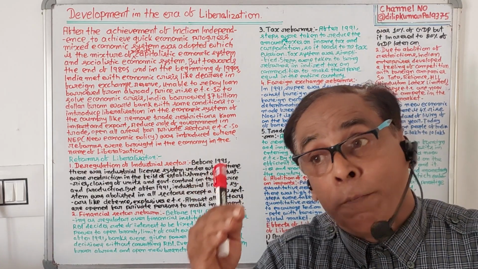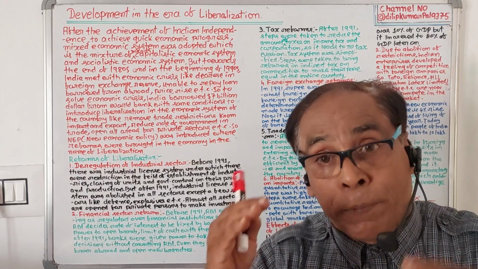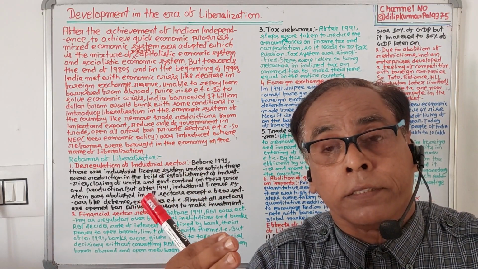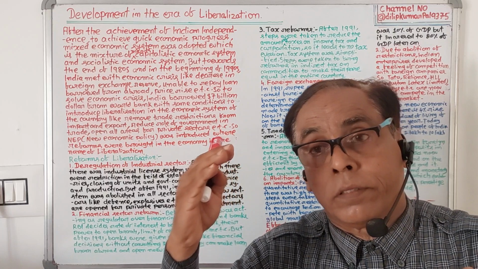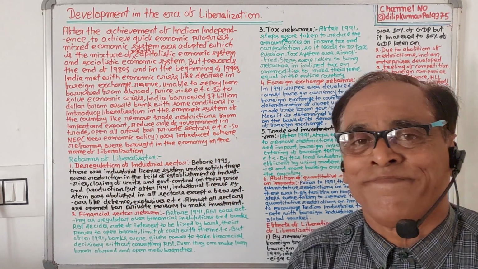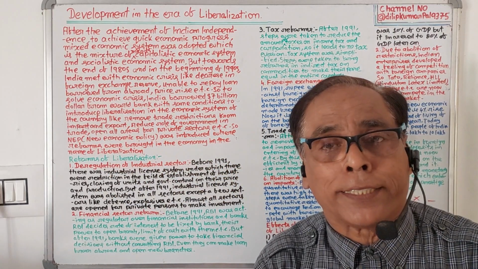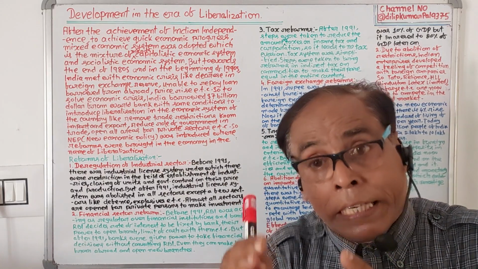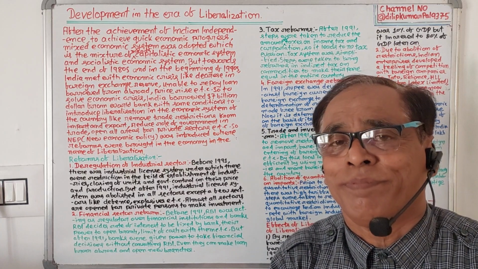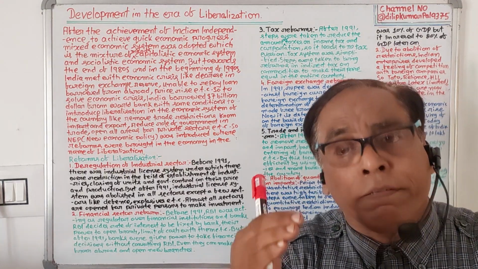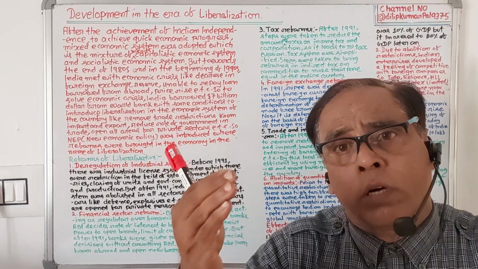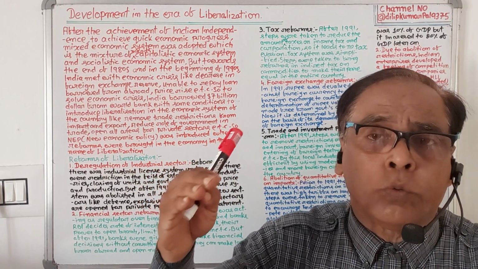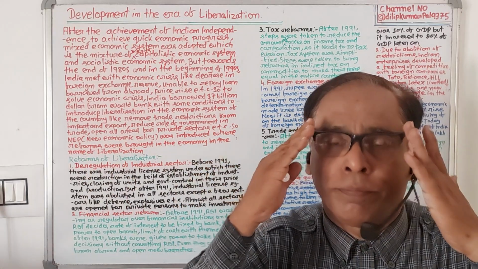But towards the end of 1980s and the beginning of 1990s, India met with some economic crisis like price rise, decrease in foreign exchange reserve, then inability of India to repay loans which were borrowed from abroad.